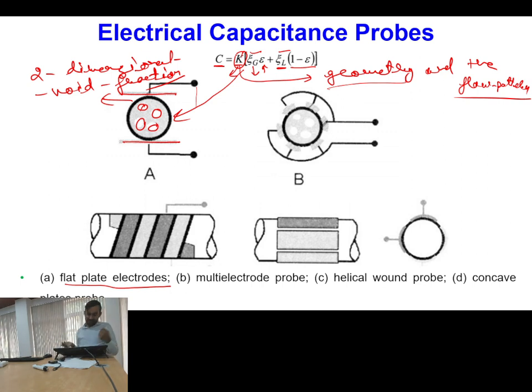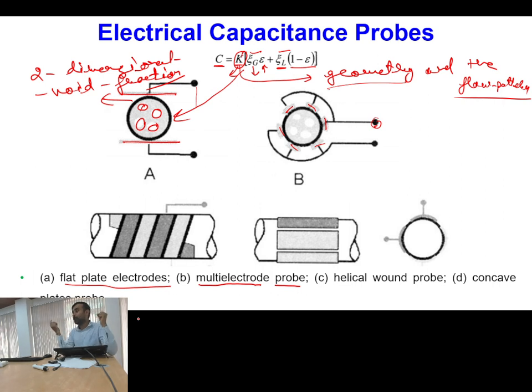In this configuration we can have different arrangements to improve the accuracy and reliability of the system. The second approach is the multi-electrode probe. Here you can see one set of electrodes connected to this terminal, and a second set of electrodes connected to the bottom terminal. The third approach is that this system can also be extended to calculate some localized volume averaged void fraction.